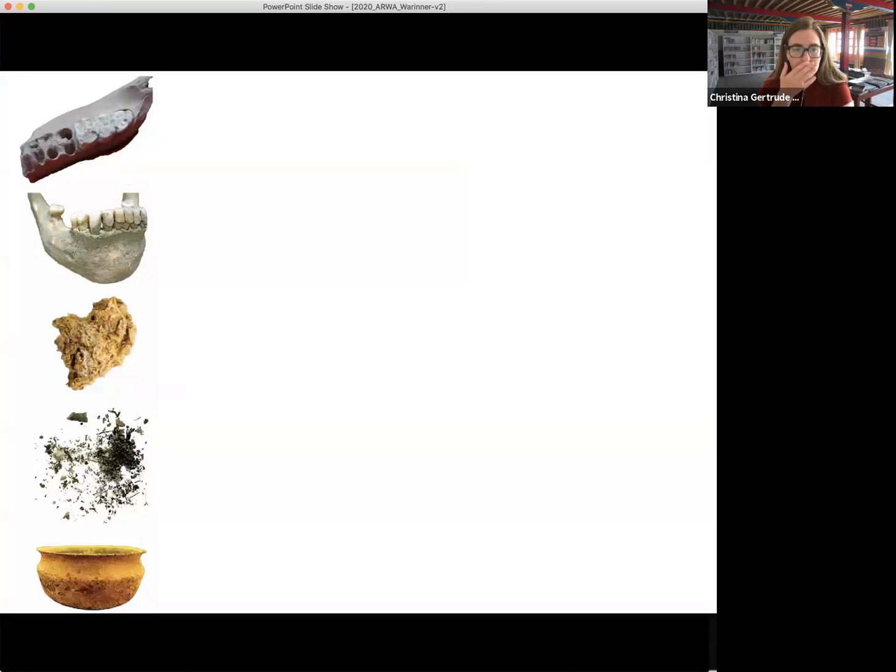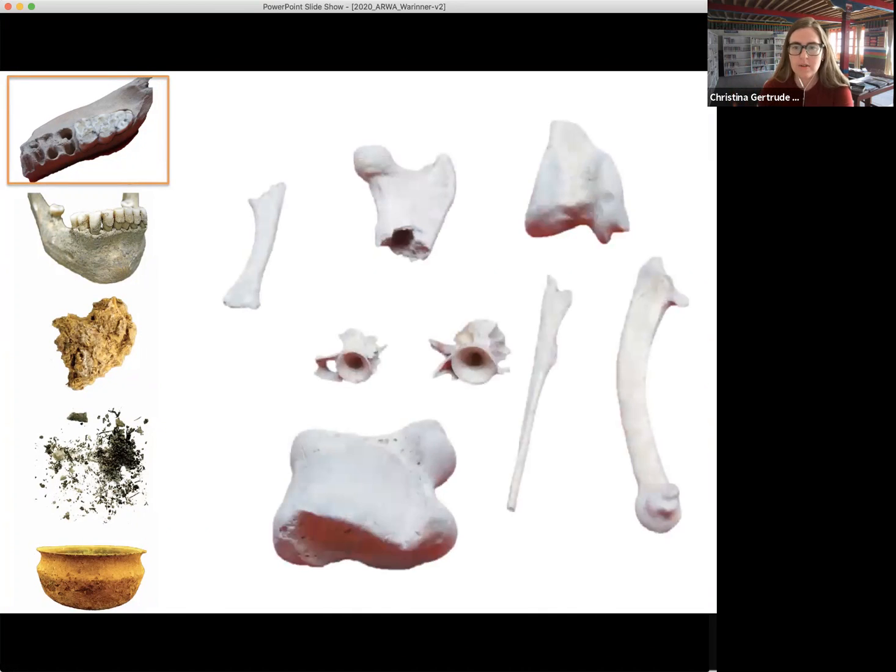So first, what I want to do is ask, where do we get our information from? How do we find out about this long prehistory of human interaction with animals? And of course, the most obvious way is by looking at animal remains, using classical zooarchaeological techniques to examine animal remains present at sites. There's a great deal that you can do with this. If you have diagnostic features, you can identify species.